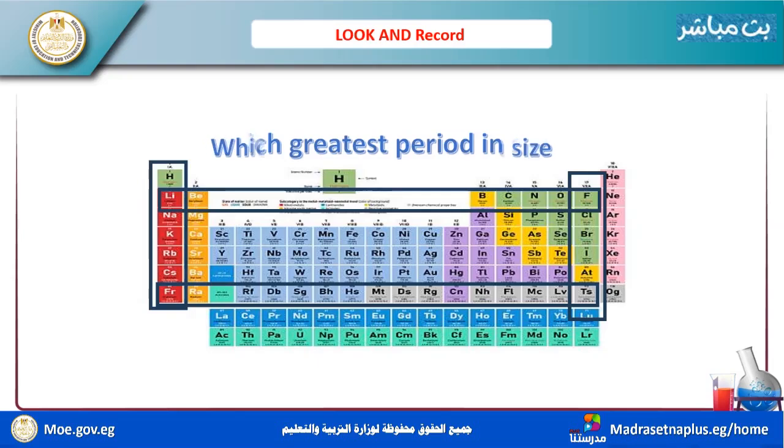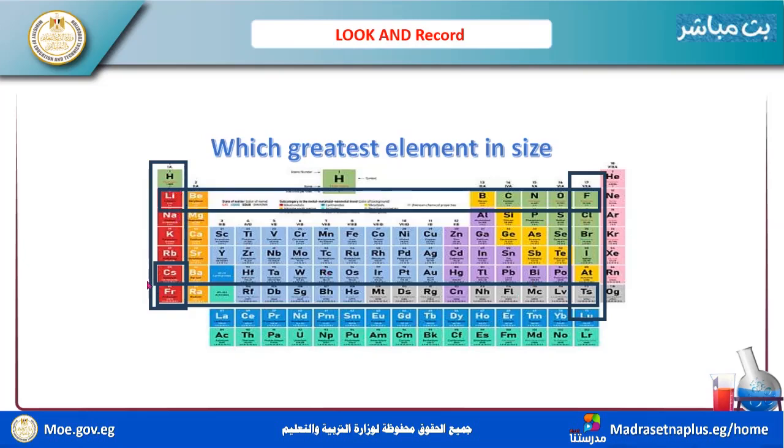Next question, which is the greatest element? Okay, now we can know this by investigation. The answer is cesium, because it is in group 1A, the greatest group in atomic radius in the periodic table.